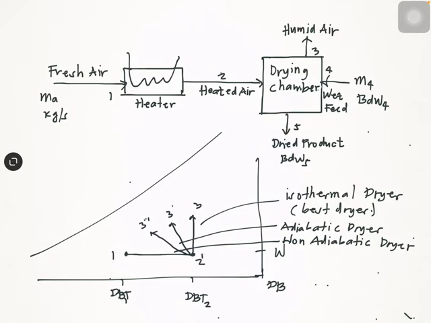That is our ideal process. When we say it is ideal, that is the best dryer that we have, or the best process, since we consider it reversible, because it is isothermal, meaning the process is of constant temperature. And we have the adiabatic dryer when Q is equal to 0, and the non-adiabatic dryer when we consider heat.